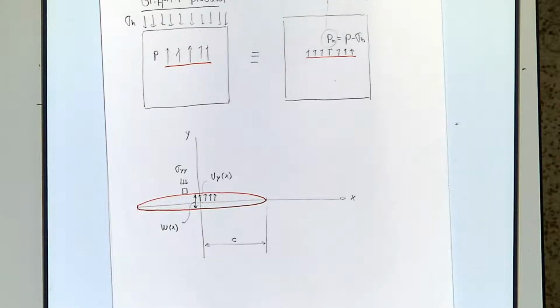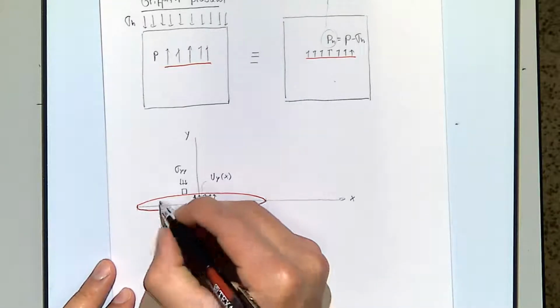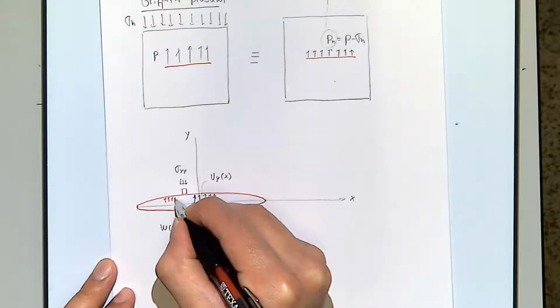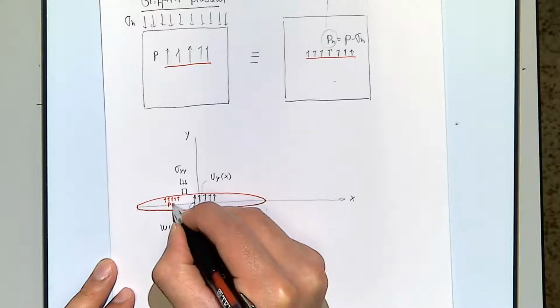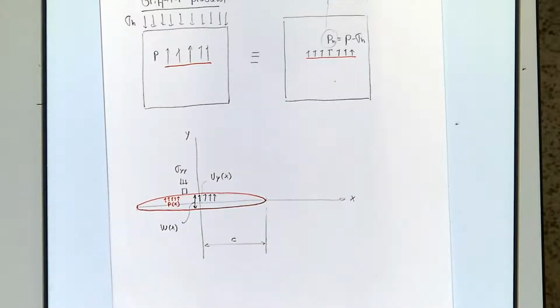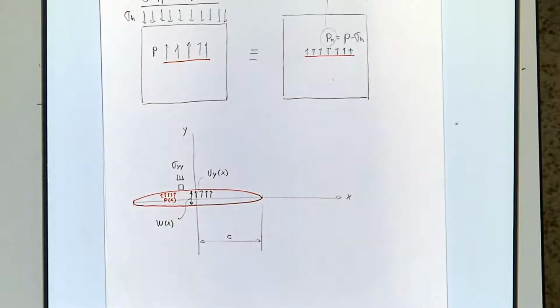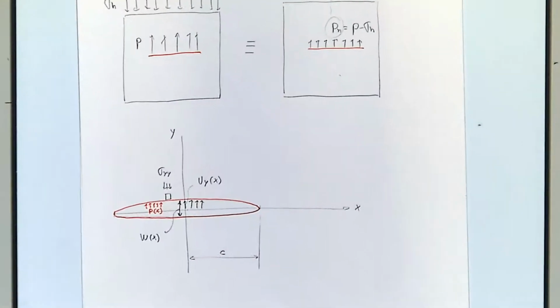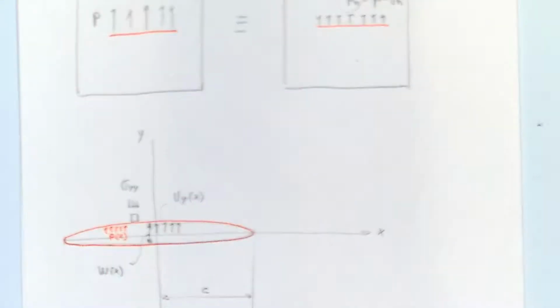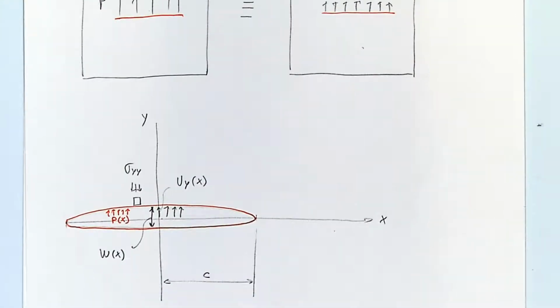So the idea here, let me add one more thing. This is opening because there is a pressure which is a function of x. The idea here now is to predict or to find equations for the displacement u_i and for the stresses sigma yy around that fracture.